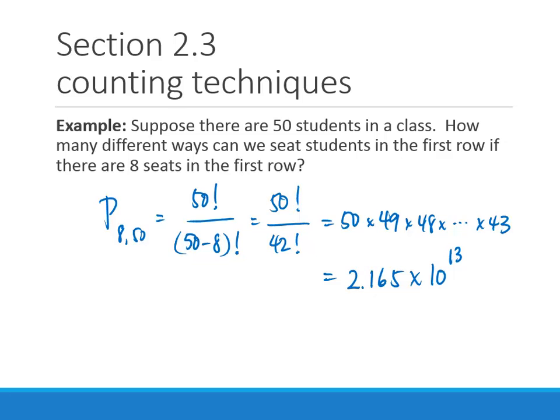You could of course punch the numerator and the denominator of that thing in separately, but when those numbers get bigger and bigger, your calculator is going to give you an error, so you'll need to use the little shortcut that we have there. Anyway, that's how many ways I could put 8 people out of 50 in the first row of a classroom.